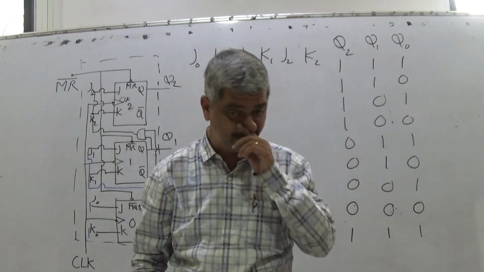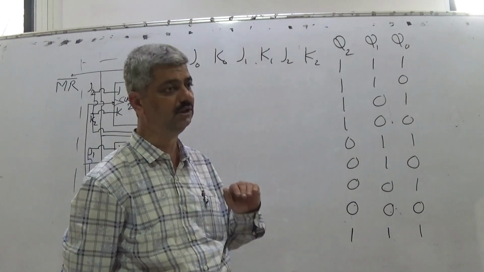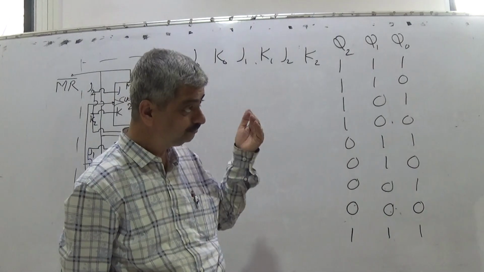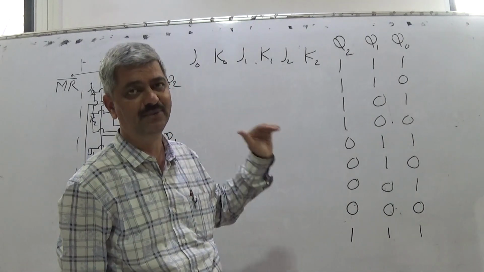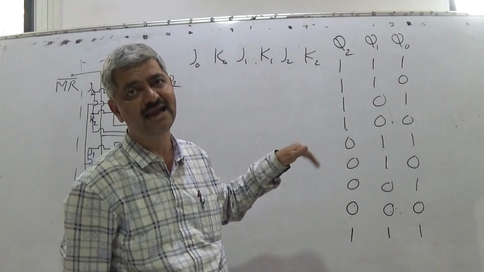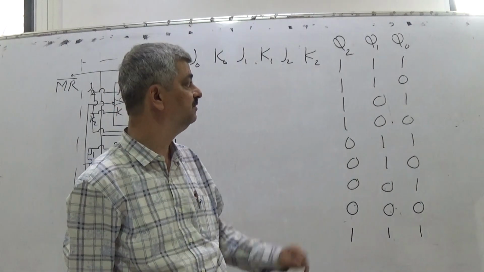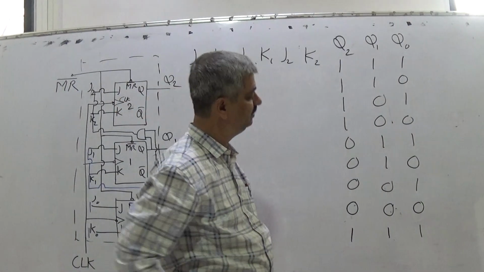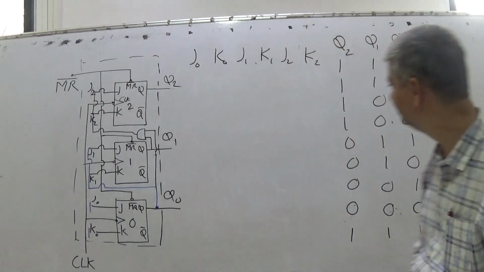We have to think of what kind of inputs we would be applying to J and K of these three flip-flops. So now we should start looking at the down counter.